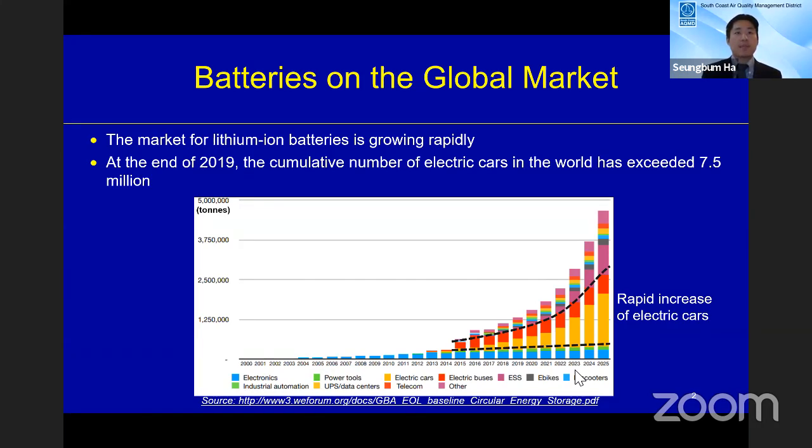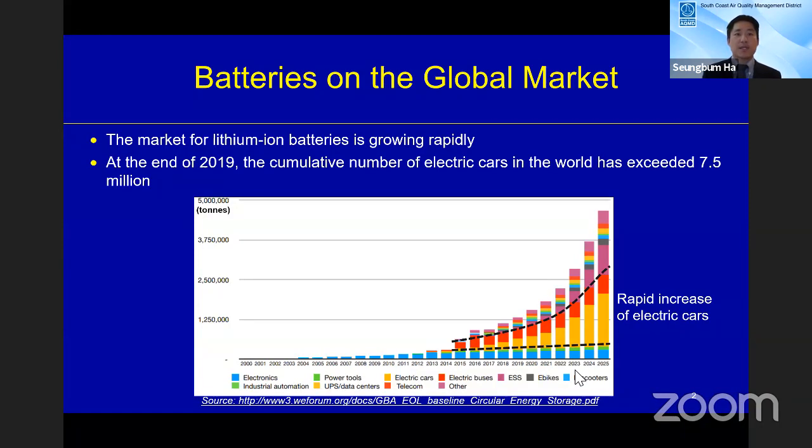So now there might be a question: do we need a reuse or recycling technology, and why do we need it? From an environmental perspective, about 30% of emissions come from battery production, and half of that comes from material production itself.